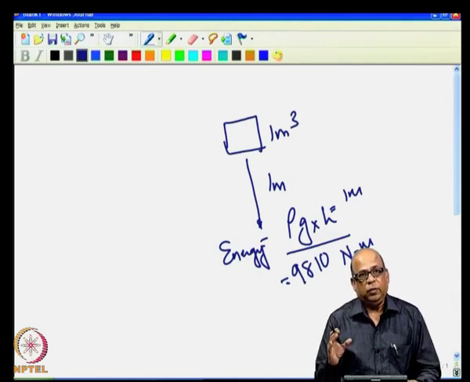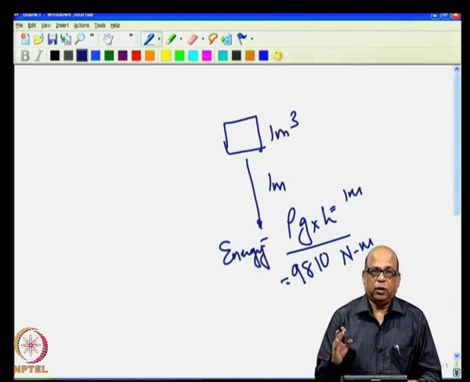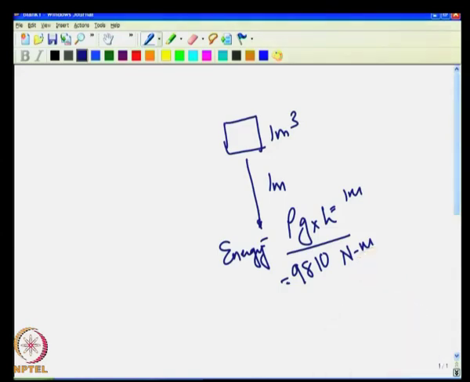The power is energy produced per unit time. So, this is what we know from your basic physics. 1 meter cube of water falling through 1 meter height produces a power of 9810 watts if it is per second. That means it has an energy of 9810 Newton meters, and then per second it will be 9810 watts.